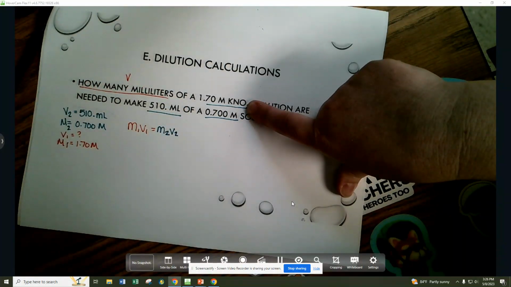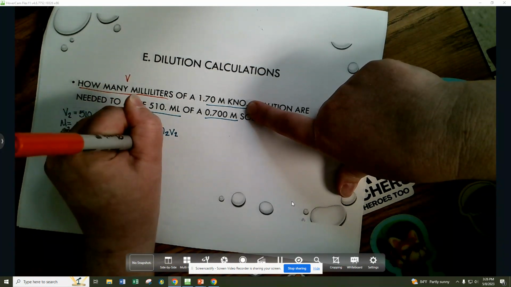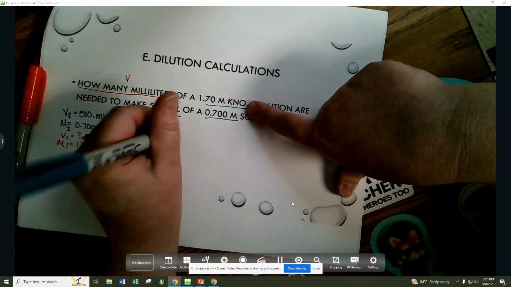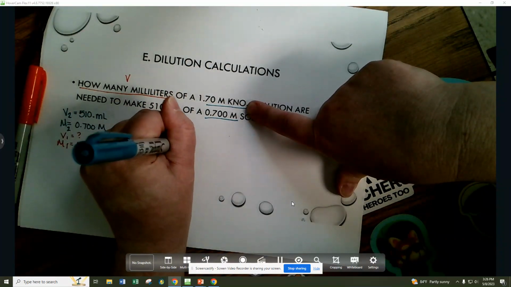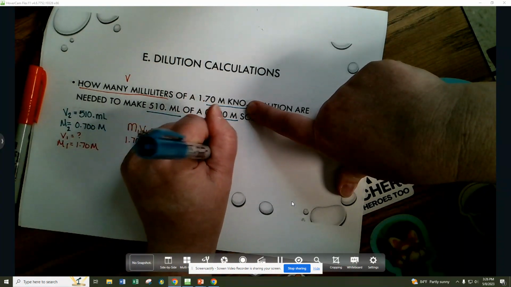I'm going to go ahead and plug in. So my molarity 1 is 1.70 and volume 1 is my X. I know that I want to dilute it down to 0.7, and I need 510 milliliters of it.